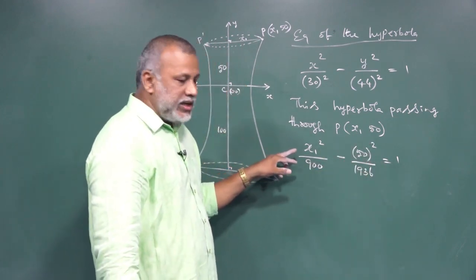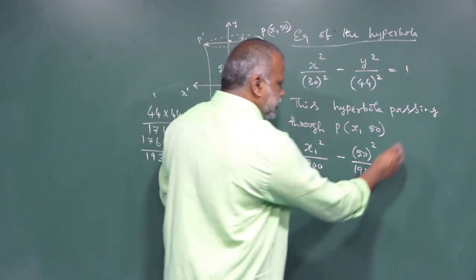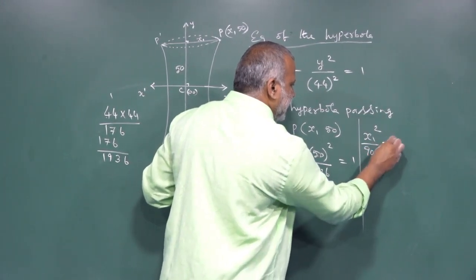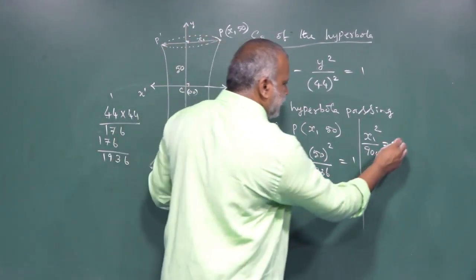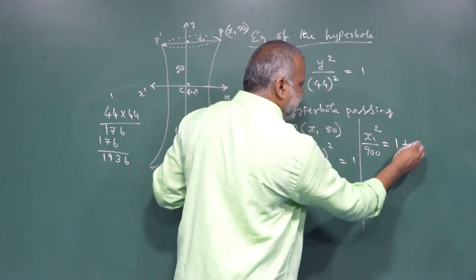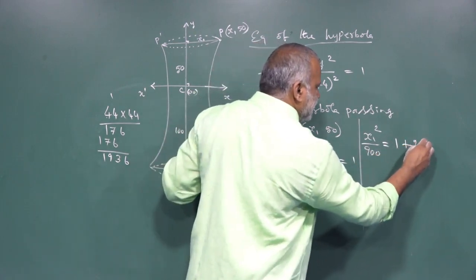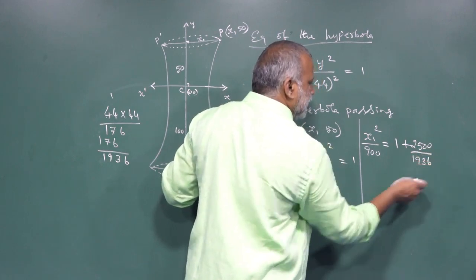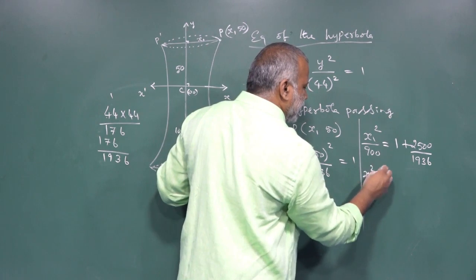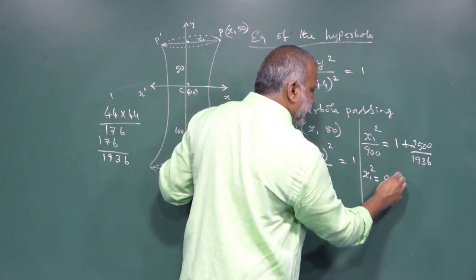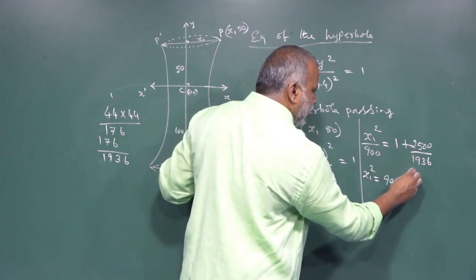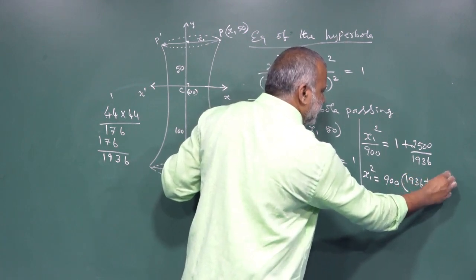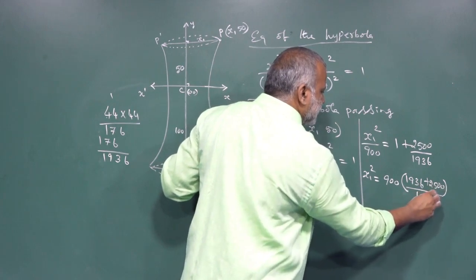We need to find x1 squared divided by 900. So I can write like this: x1 squared divided by 900 is equal to, converting to the other side, 1 plus 50 squared, that means 2500 divided by 1936. Now take LCM. So x1 squared is equal to 900 times (1936 plus 2500) divided by 1936.